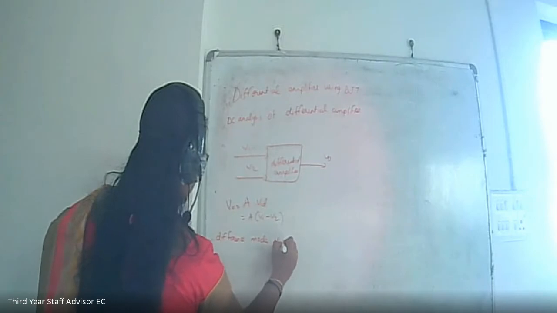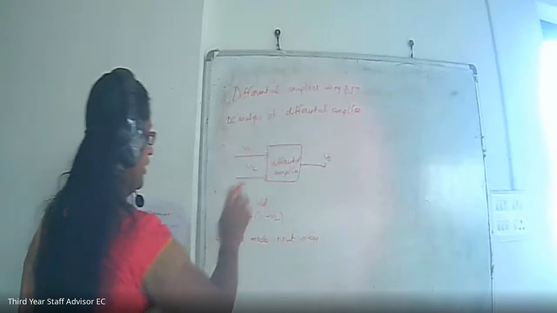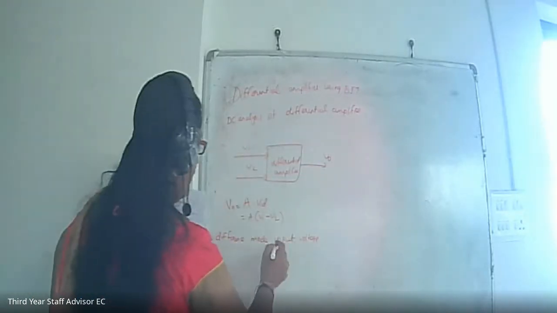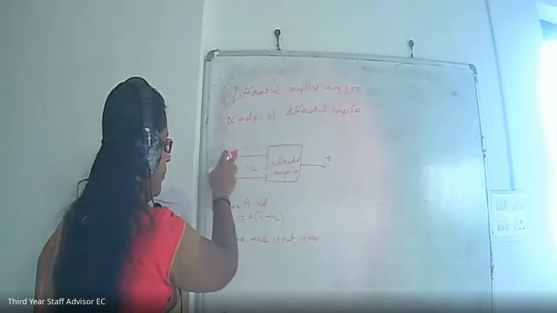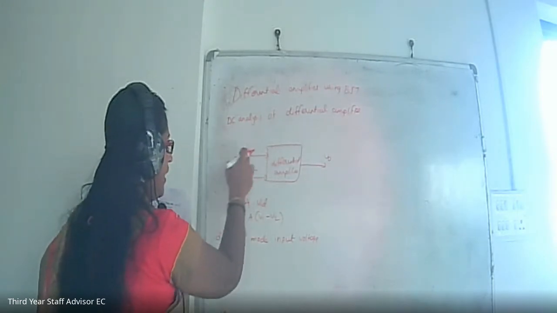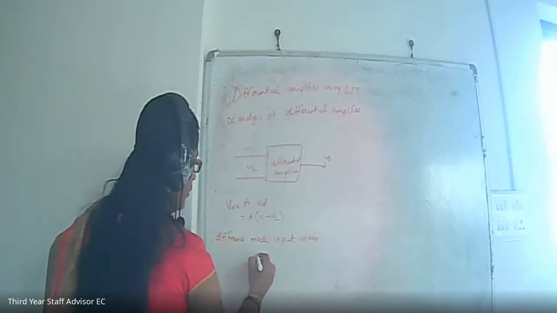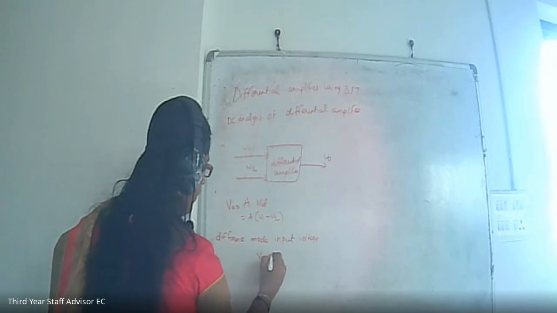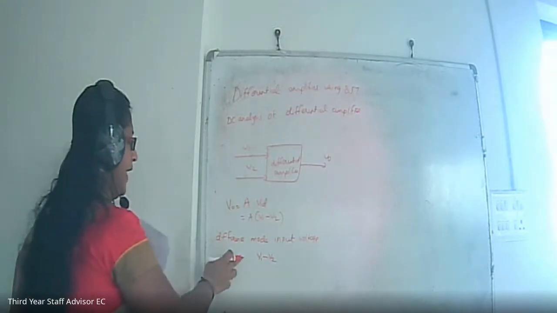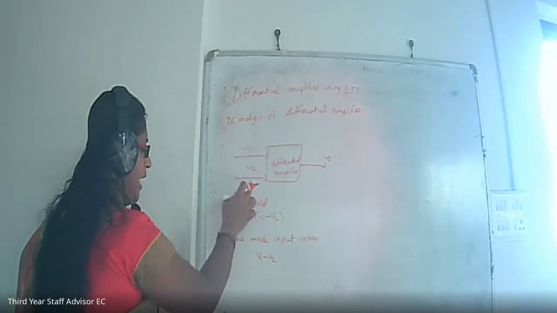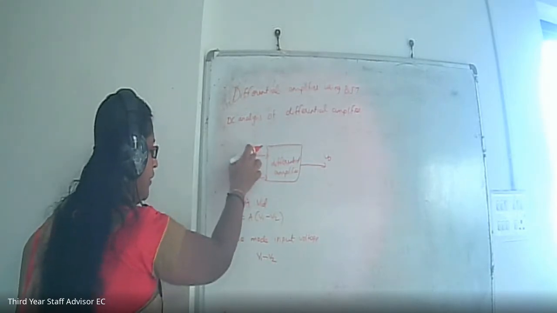The difference mode input voltage corresponding to this differential amplifier: V2 gets subtracted from V1. So the difference mode input voltage will be V1 minus V2. So difference mode means V1 minus V2.